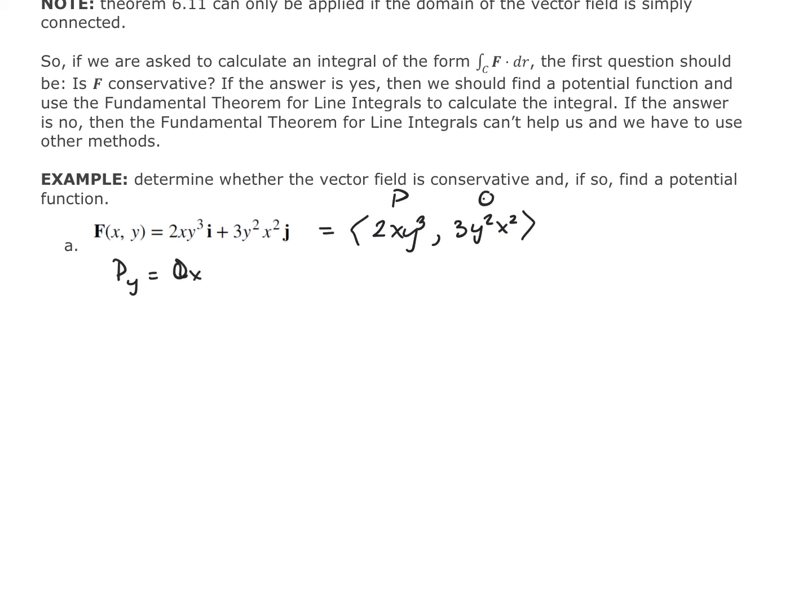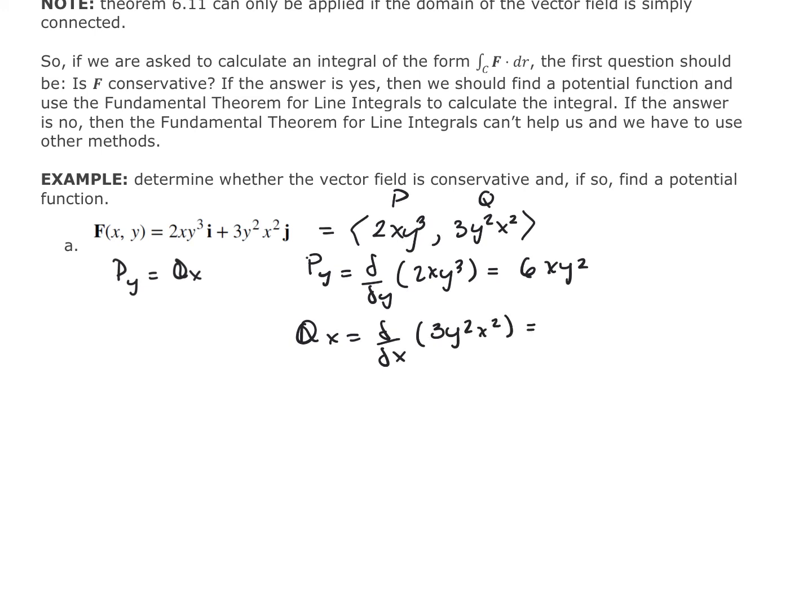This is P and this is Q. The partial of P with respect to y, the partial of 2xy to the third with respect to y, is 6xy squared. The partial of Q with respect to x, the partial of 3y squared x squared with respect to x, gives me 6xy squared. These are equal, so we know that this field is conservative.